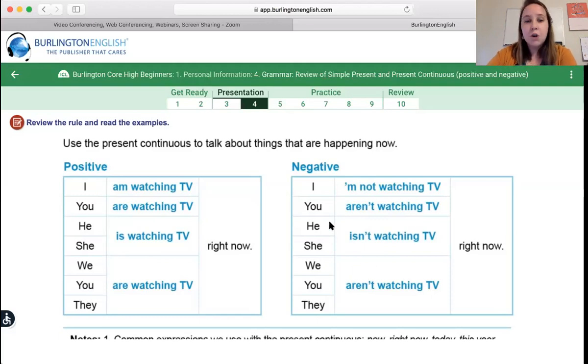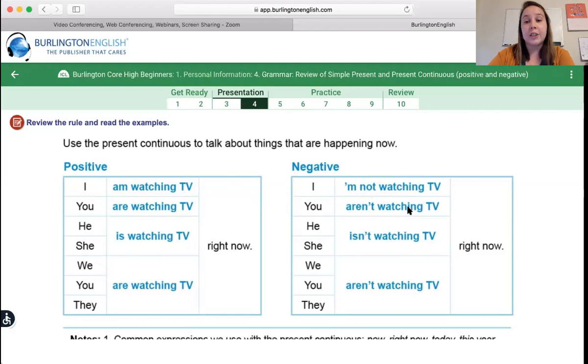All right, let's do one more quick practice between these positives and negatives before we go into some of the exercises. So repeat after me. I am watching TV right now. I'm not watching TV right now. Let's shorten it a little bit. You are watching TV.